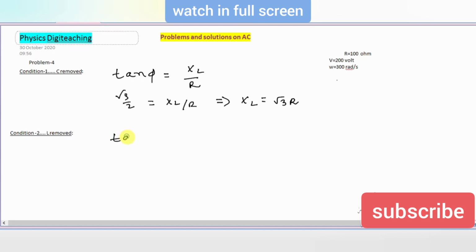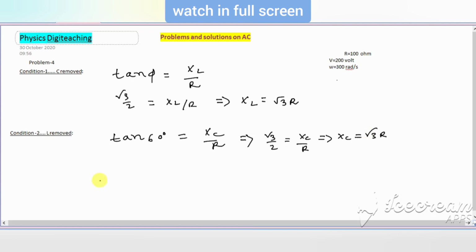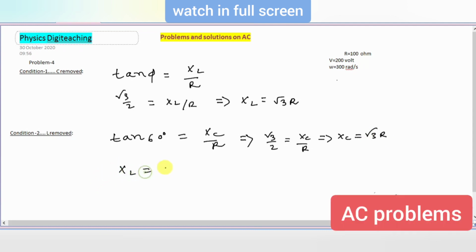Here also we get tan 60 degree equal to XC by R. When from a series LCR circuit we remove only C, the circuit is an LR circuit, and the phase relation is tan phi equal to XL by R. When L is removed, then it is only a series CR circuit, and the phase relation is tan phi equal to XC by R. Here also phi is 60 degree, and this gives root 3 equal to XC by R, and this gives our value XC equal to root 3 into R. Here we see that XL equal to XC.